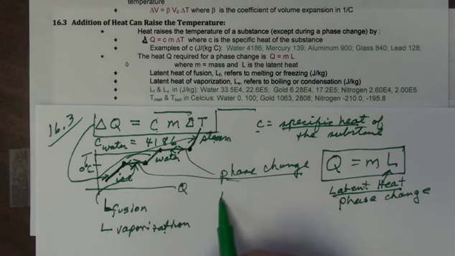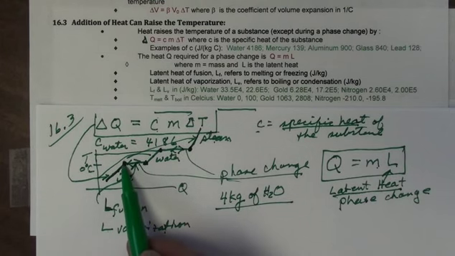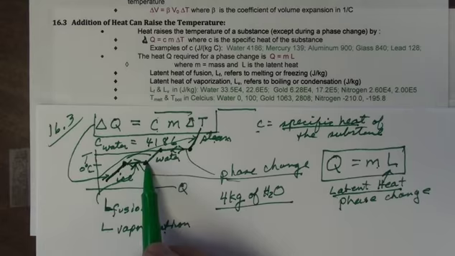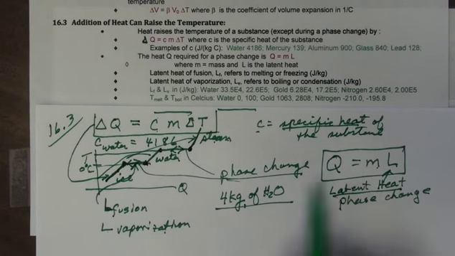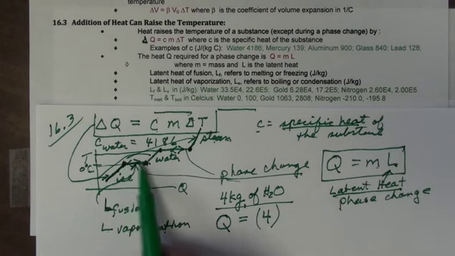Let's imagine you have 4 kilograms of water, and you want to take it from a frozen state of ice at 0 degrees Celsius to water at 0 degrees Celsius. Same temperature, but you want to melt it. So first it was ice, now it's going to be water. That would require an amount of heat Q, which is equal to the mass, 4 kilograms, times the latent heat of fusion.